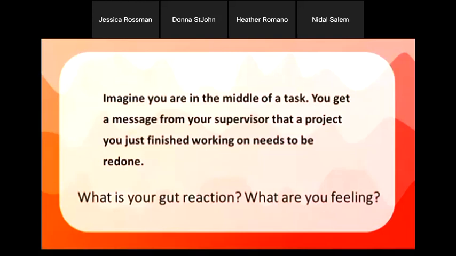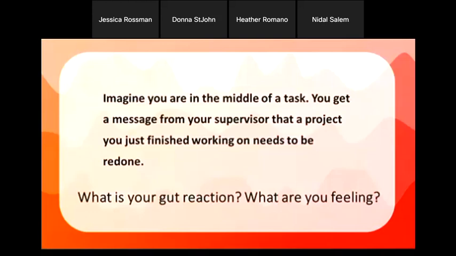So it does depend how often something like this happens, right? If you can have a positive response, or if you're not going to give it too much thought. I'm going to email it, tag it for later. It depends on your relationship with your supervisor as well, and how you react to stress. So it's important that you know how you're reacting and what your next step would be.